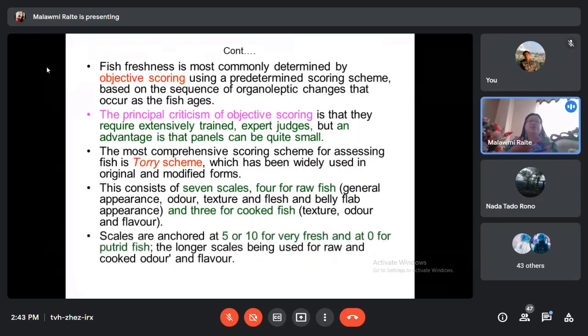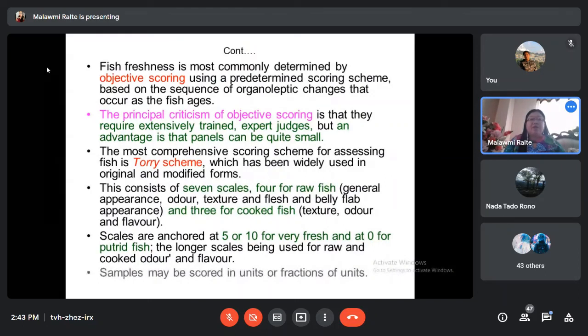So they will assess the texture, the odor, the flavor, everything. If they score 5 to 10, they will call it very fresh, and 0 for the putrid one, and below 5 is normal.